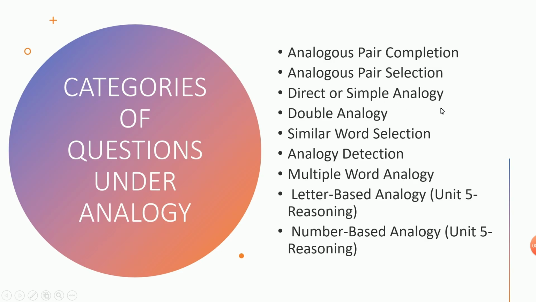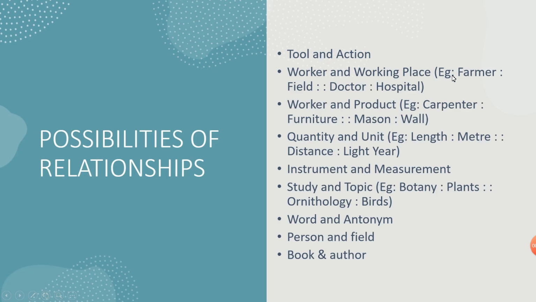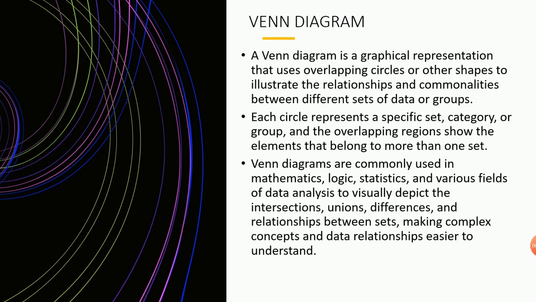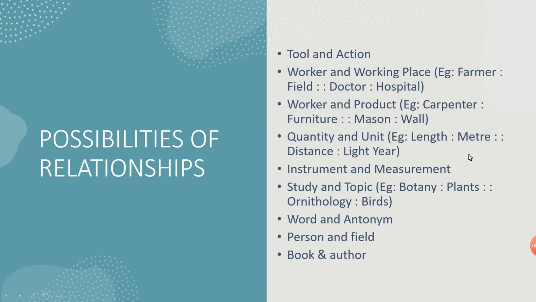Next, direct or simple analogy. So here it is very direct. Very simple. We can find carpenter and furniture, so that means mason and wall. Likewise, we can find. Next is double analogy. In the analogy itself, we have to identify certain critical things, words like that.